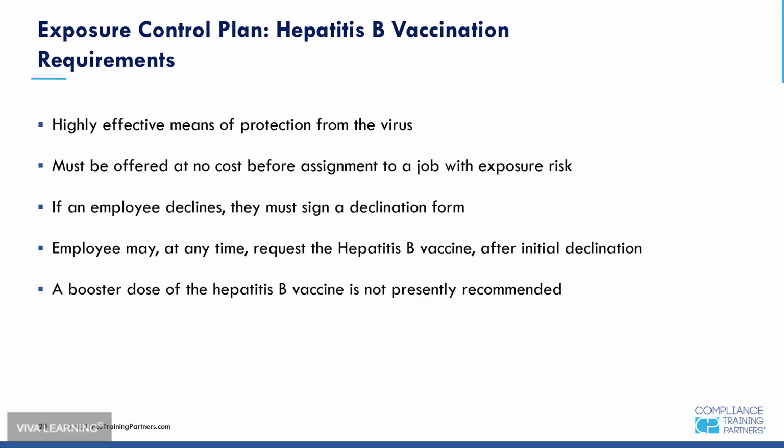So in their employee medical record, you need either the declination form signed saying they don't want it, or a copy of their immunization status from their physician or wherever they had that immunization done. So you got to have one or the other in the employee medical record.